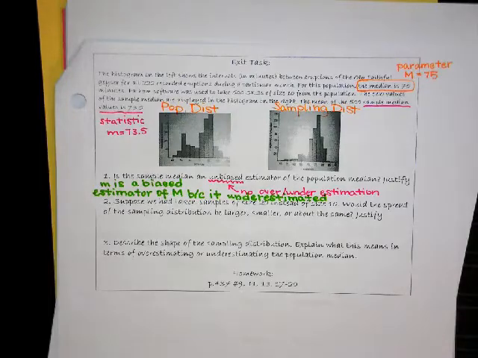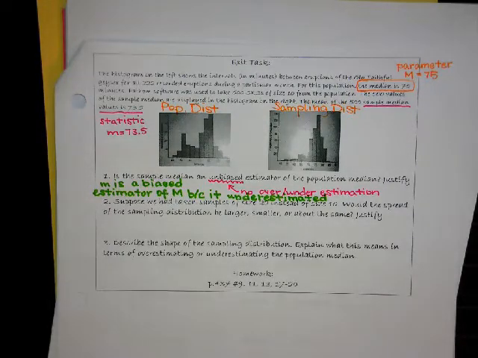Any questions about that one? So then number 2 says, suppose we had taken samples of size 20 instead of size 10. Would the spread of the sampling distribution be larger, smaller, or about the same? Any thoughts on that one? We increase our sample size. Is our spread going to get bigger, smaller, or stay the same? Smaller.